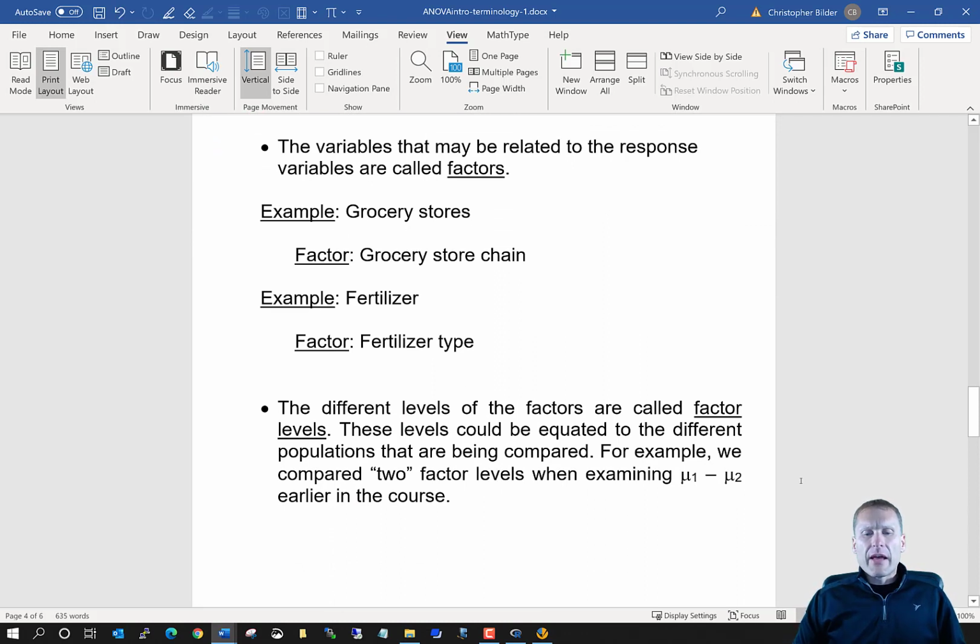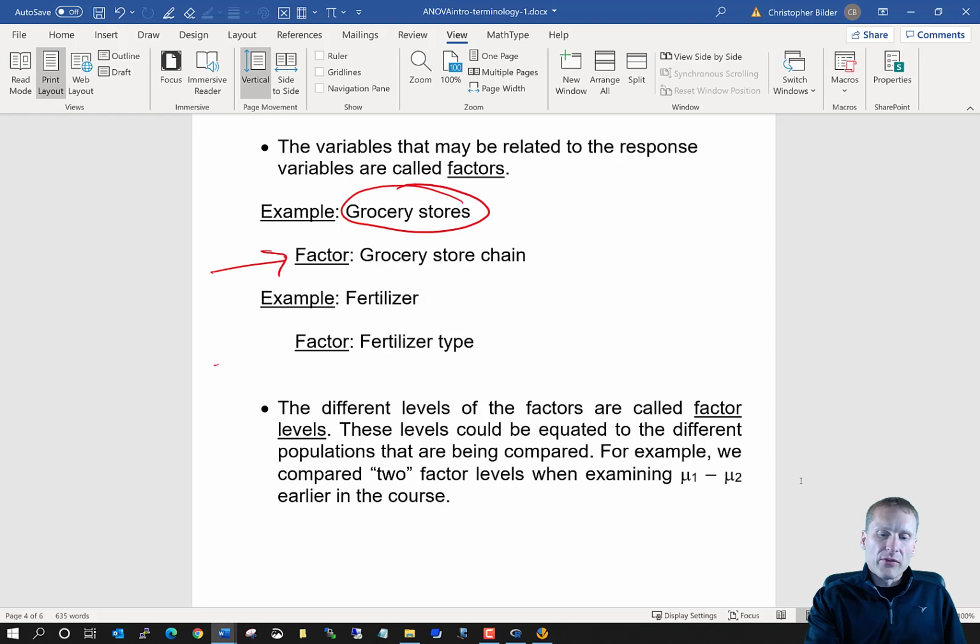Now, the variables that might be related to the response are called factors. In other words, we have the different grocery stores. A factor is the actual grocery store chain, so Walmart, Super Saver, Hy-Vee, or whatever grocery stores you're looking at. With respect to fertilizer, the factor would be the fertilizer type. We have A, B, and C. That A, B, and C is what's called factor levels.